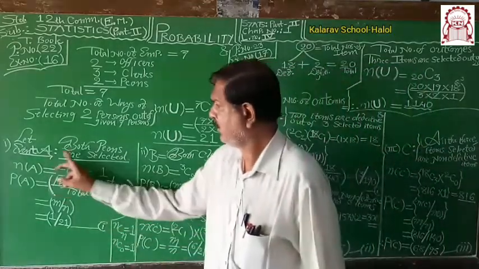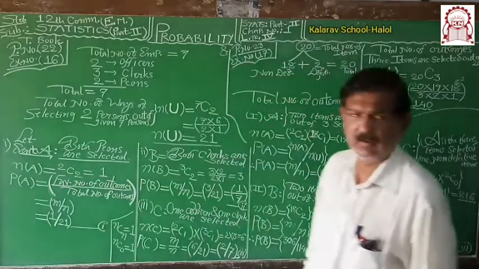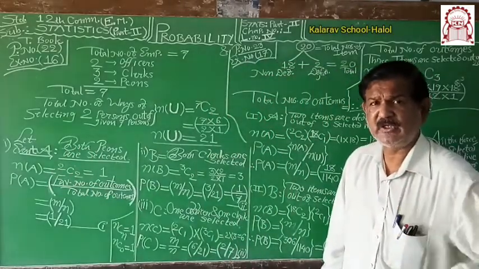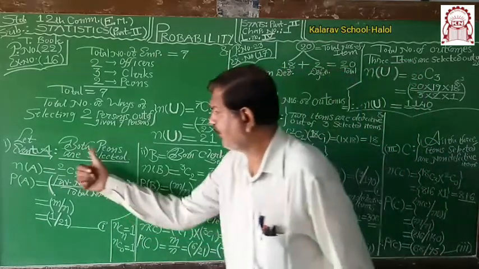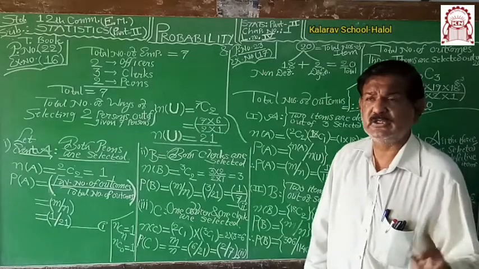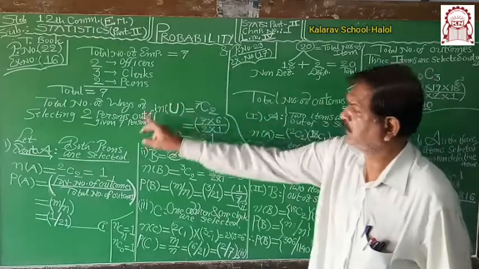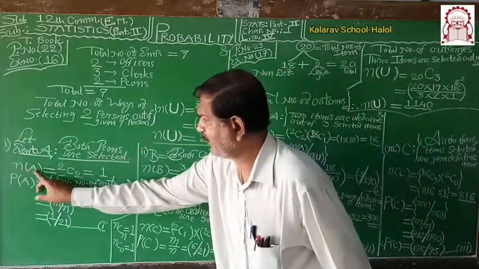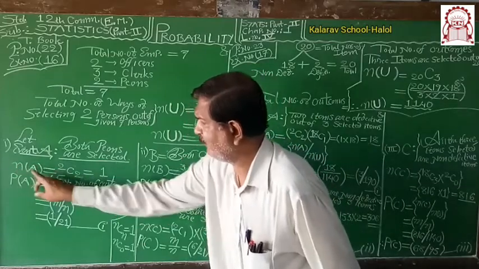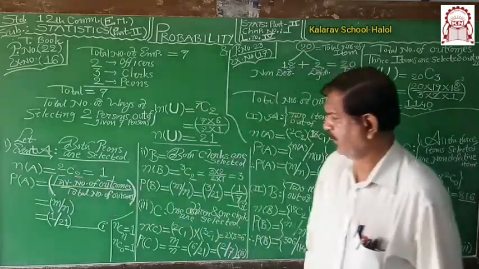Event A: both the peons are selected. A committee of 2 members is formed, but the first event is given that both the peons are selected. The number of ways of selecting 2 peons, because there are 2 peons, means the number of items in A, m, the favorable outcomes, is 2C2, which equals 1.